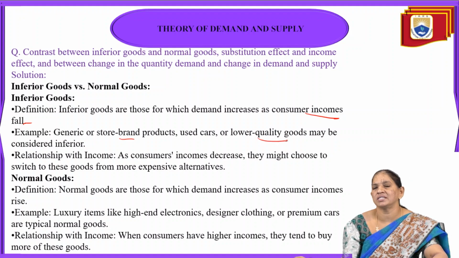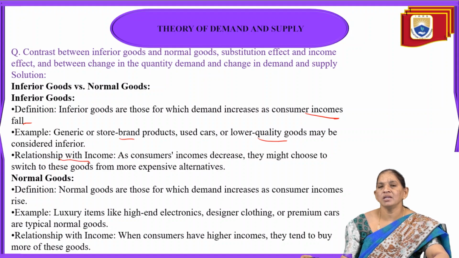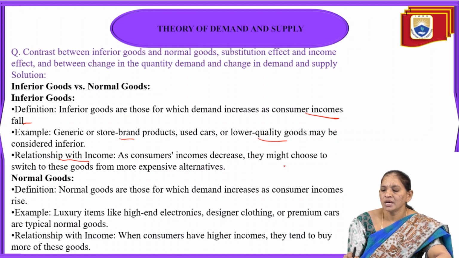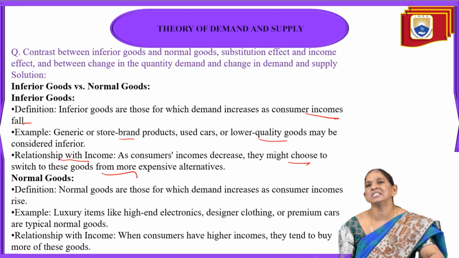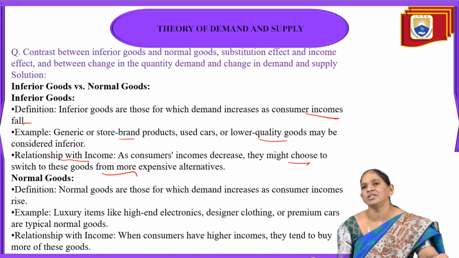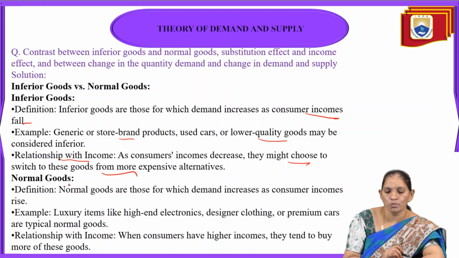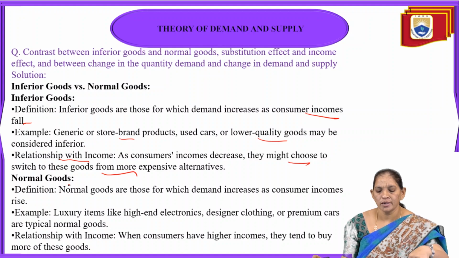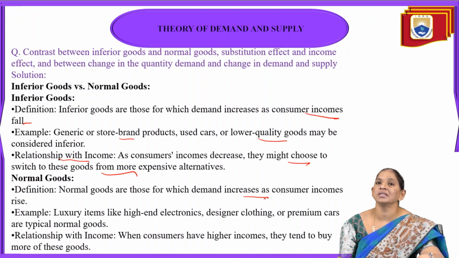So in the relationship of these inferior goods with income, once the consumer income increases, the consumer stops purchasing these goods, and automatically he wants to switch to the expensive goods. Means income increases, we want good quality goods and we stop purchasing the inferior goods, and they become normal goods. The definition of normal goods is those where the demand increases as consumer income increases.